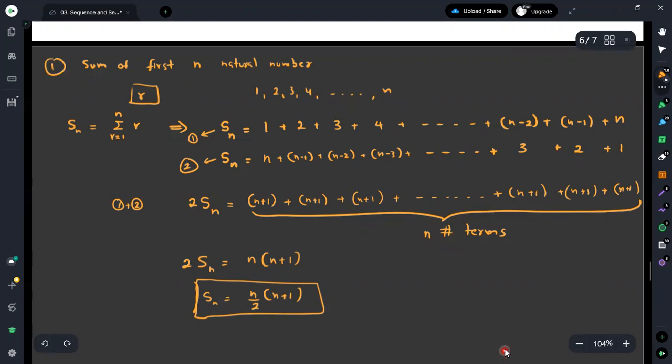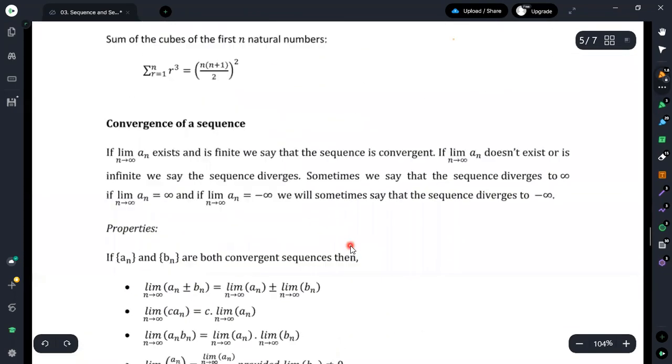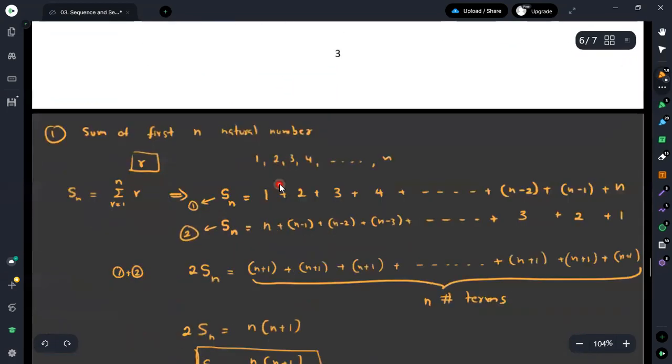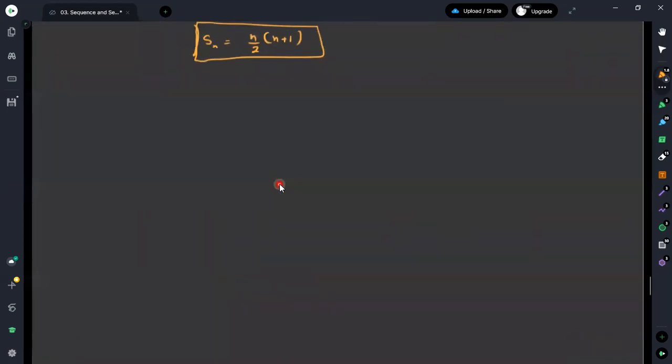And the next series that we are considering here is the summation of the square term of the first n natural numbers. Here we can use the difference method for obtaining this equation.